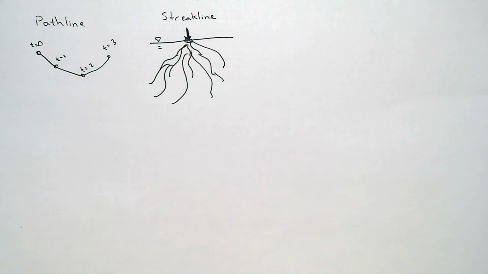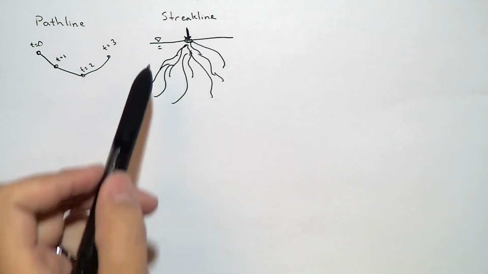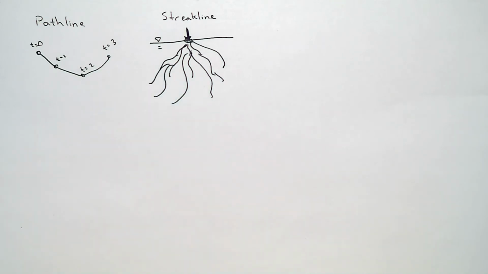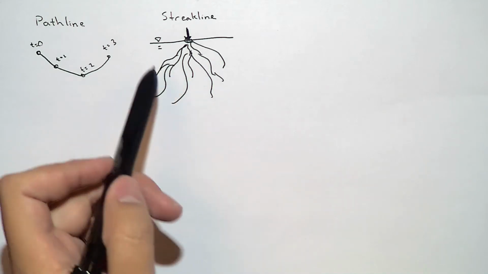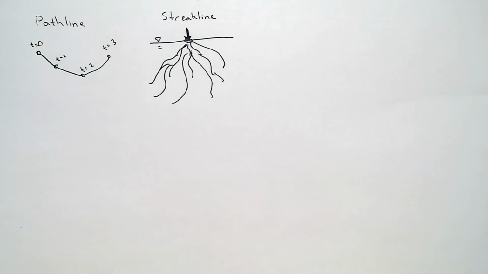So even though in this system oil is interacting with water, there is exchange of momentum and exchange of energy between oil and water, we're only studying the oil, which is just one fluid in a system with two fluids. So it is a more simplified way of looking at a fluid.